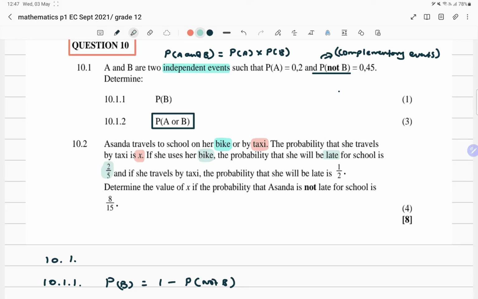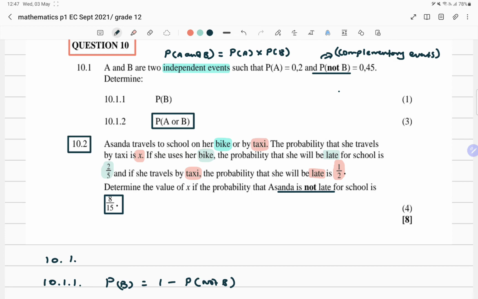Okay, so that is the story. And if she uses the taxi, the probability that she will be late is 1/2. Okay, not a problem. The question says now determine the value of x if the probability that Asanda is not late is 8/15.